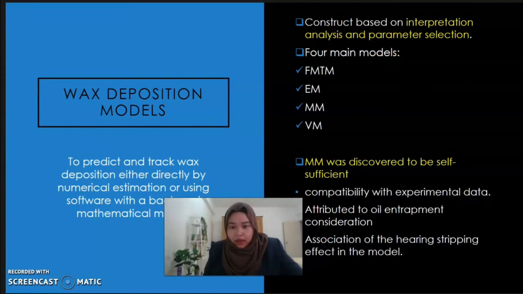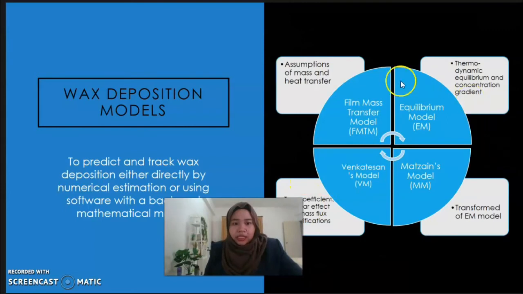The first one is the film mass transfer model, FMTM. The second is the equilibrium model, EM. The third one is the Matzain model, MM. And the fourth is the Van Cartesian's model, VM. We are going to look at the FMTM first.